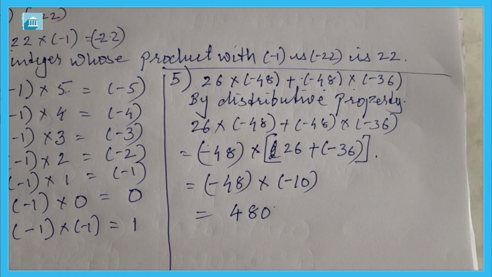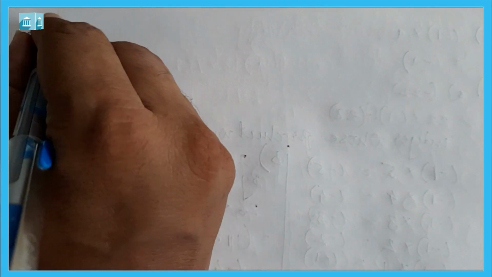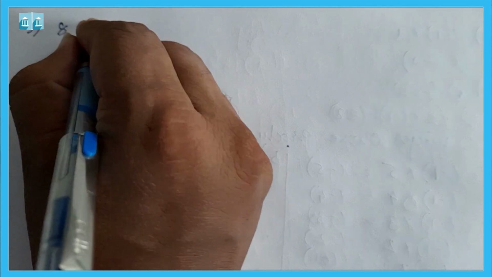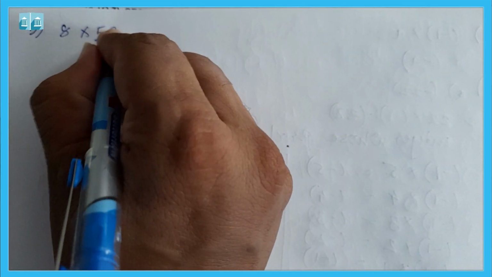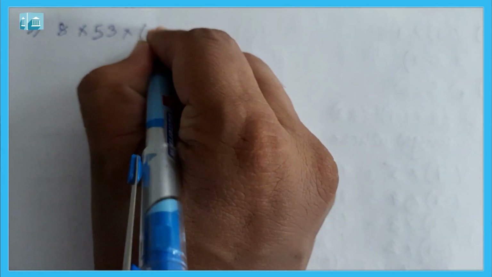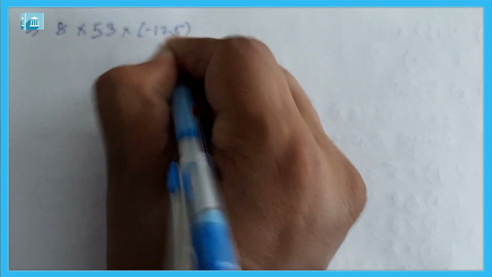Now let us see question number B. Question number B is 8 into 53 multiplied by -125.